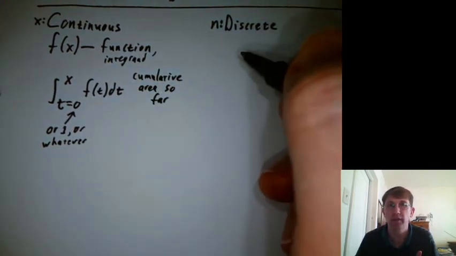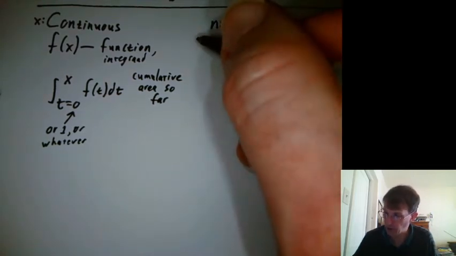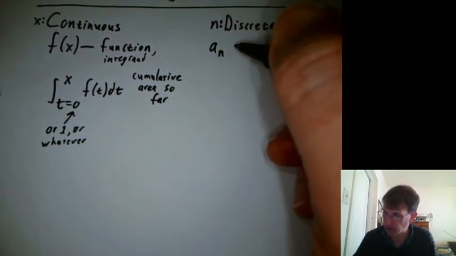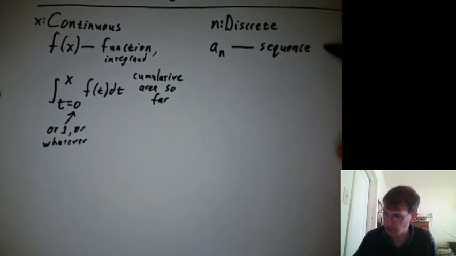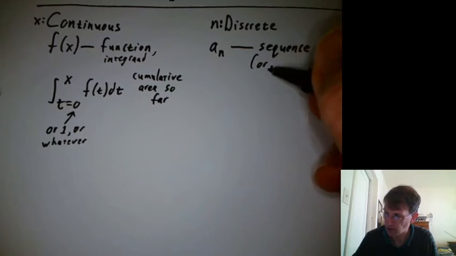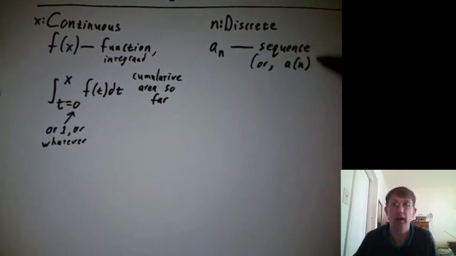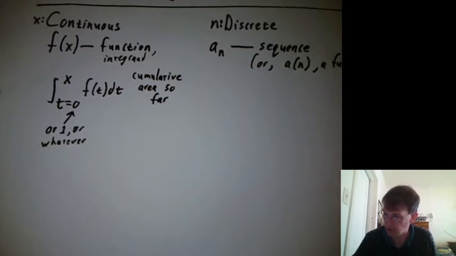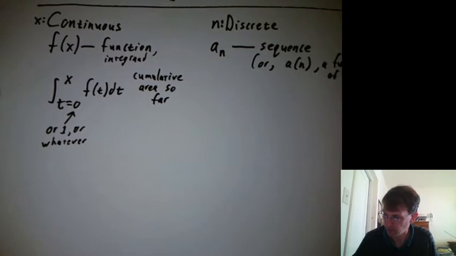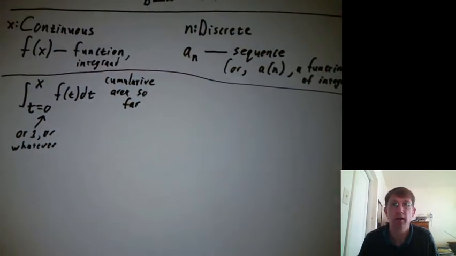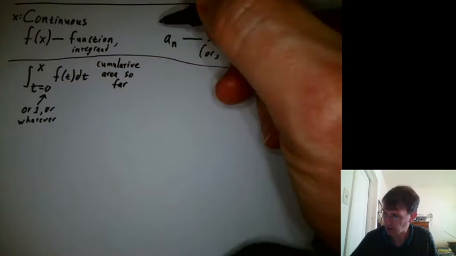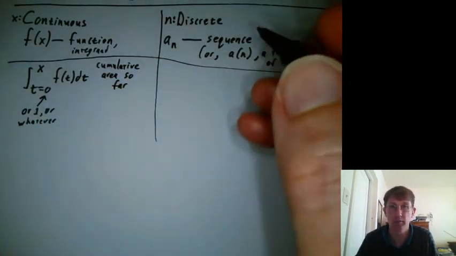So what's the equivalent of this in the discrete world? We'd have a sub n, which is our sequence. And remember, you can also write it a sub a of n like that, which is a function of integers. So those two things are analogous. And then what's the discrete analogous thing for this sum?